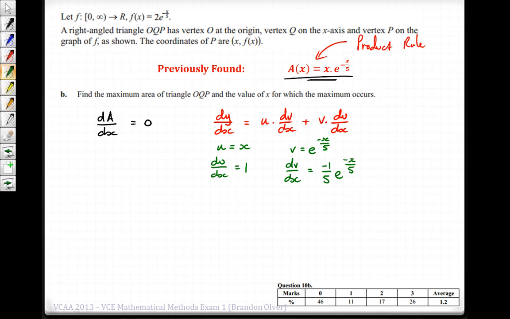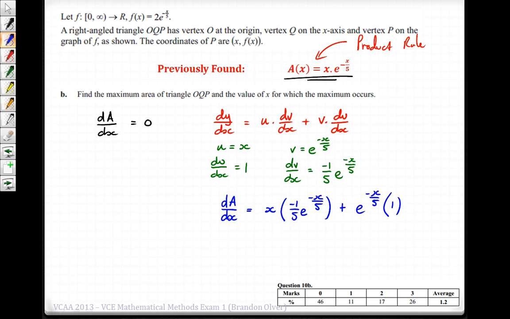So now using our equation, we have dA dx equals, so u is x times dv dx, which is negative a fifth e to the negative x on 5, plus v, which is e to the negative x on 5, times du dx, which is just 1.